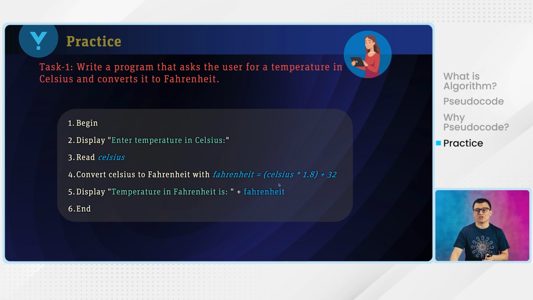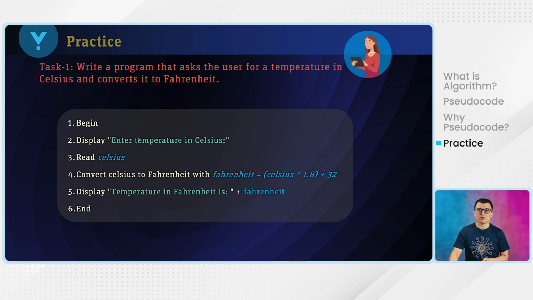After the conversion is done in this fourth step, you need to display the result, the Fahrenheit result, and then you end the task. So this is the pseudocode, the step-by-step procedure of how we can complete this task of converting Celsius to Fahrenheit.